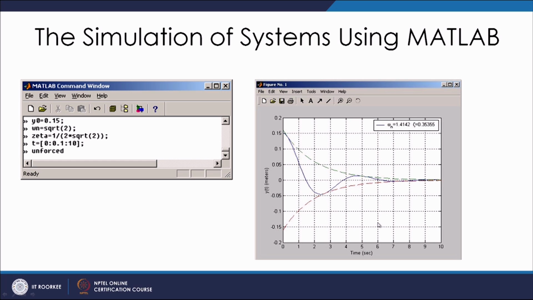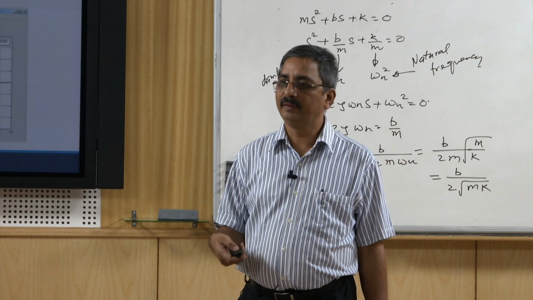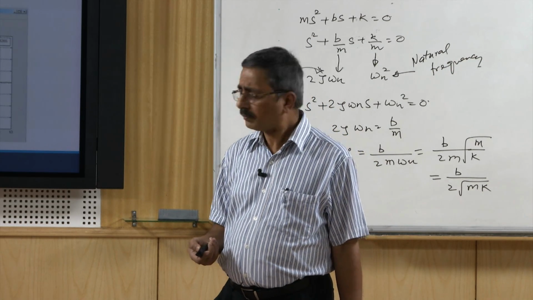Here these are the two envelopes which we have seen in the previous slide, and this one is the response of your system. So, this way we can use Matlab for simulation of our system equation.